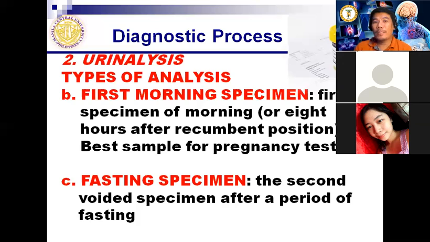From the term itself, if the first specimen in the morning is the first morning specimen, from the time that it has been voided, it means again that the bladder is empty. When it is again filled with urine, the second voided specimen after the first morning will be considered as the fasting specimen.